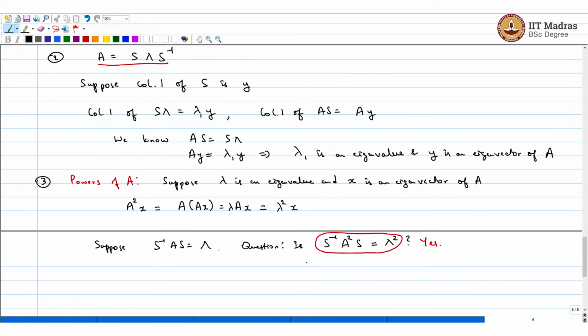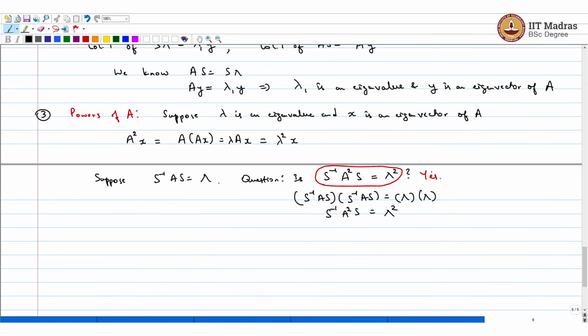So, if you take S inverse A S into S inverse A S, what do you get? This is the same as this into this, which is like saying that S inverse A square S equals lambda square. Now, there is nothing special about the square.